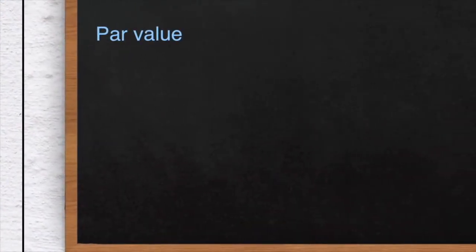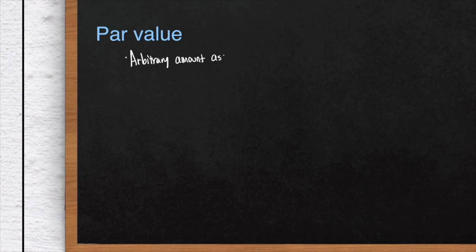Let's quickly talk about par value. When you go over the textbook problems, there's a lot of this term on each stock transaction. So really, par value is just an arbitrary amount assigned to the stock. In reality, it represents the legal capital that the company cannot give back to the investors.